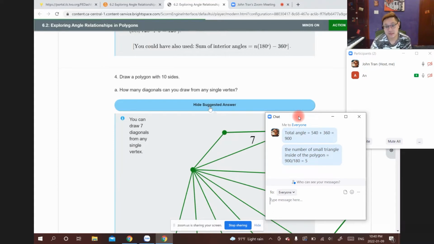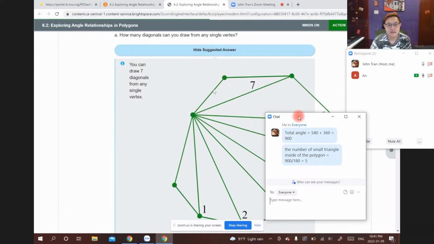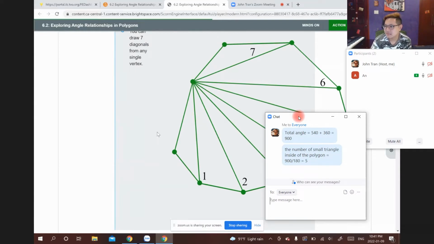It depends on the math problem. In this particular problem, they say draw a polygon with 10 sides, and they ask how many diagonals you can draw from a single vertex. Because it has 10 sides, 10 times 180 gives you 1,800 degrees.